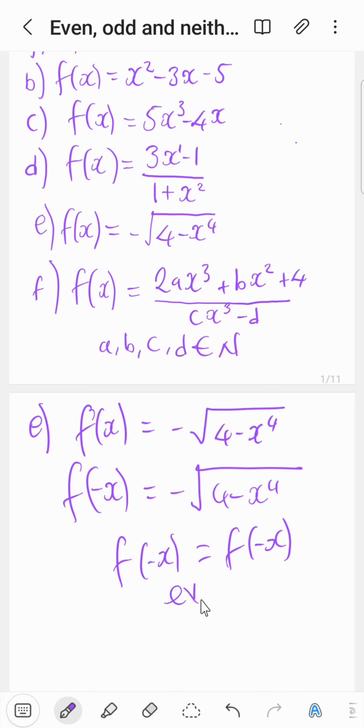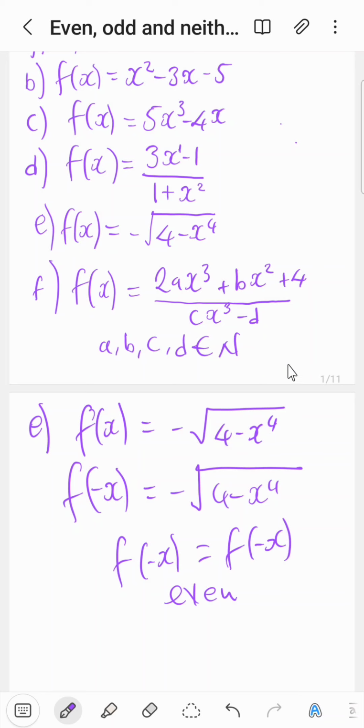Therefore, the function is even. So once you find that it's even, you don't move on, because a function can just be even, odd, or neither. There is no way of being both even and odd. There's no way an even number can still be an odd number. No, not on this earth.